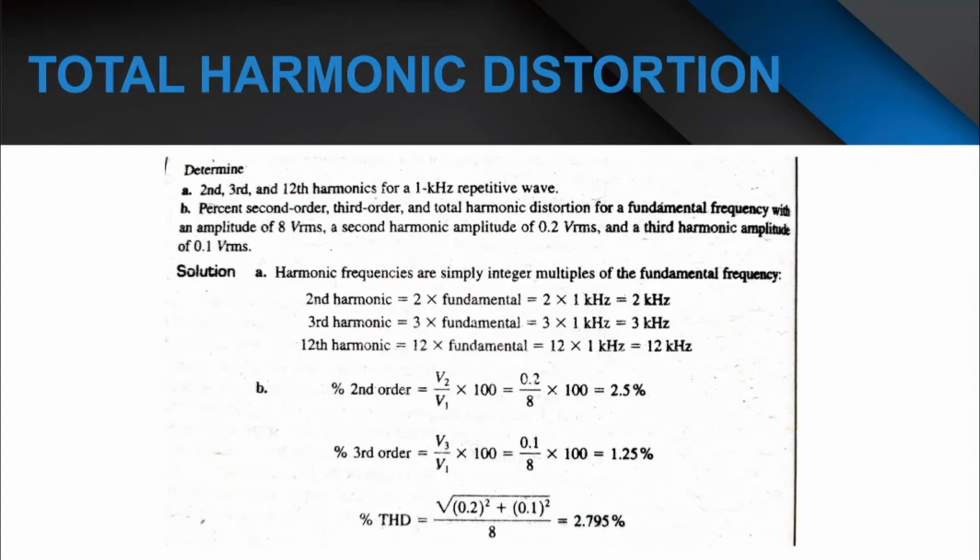So, the question is, for letter A, the second, third, and 12th harmonic for a 1 kilohertz repetitive wave.